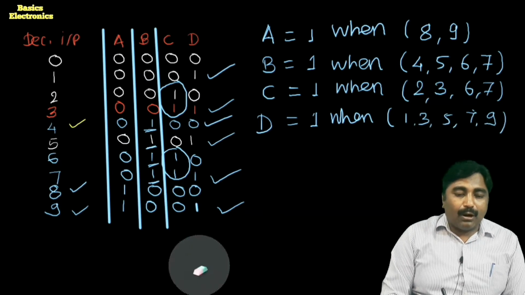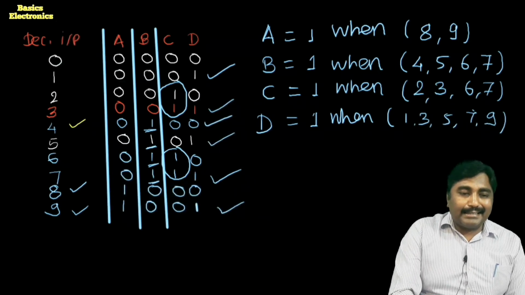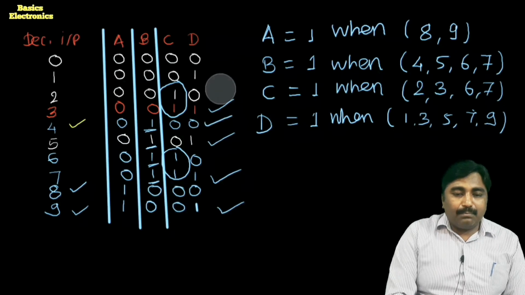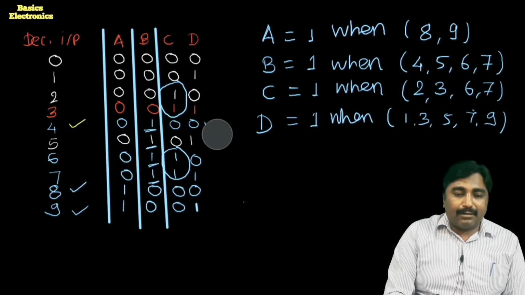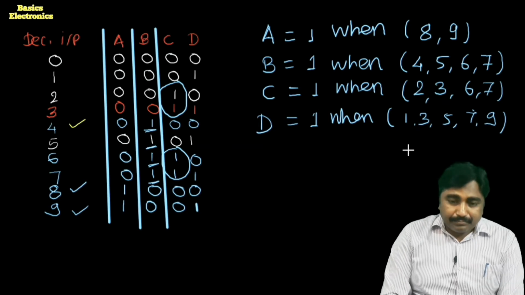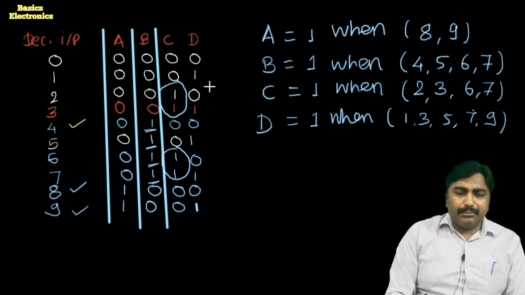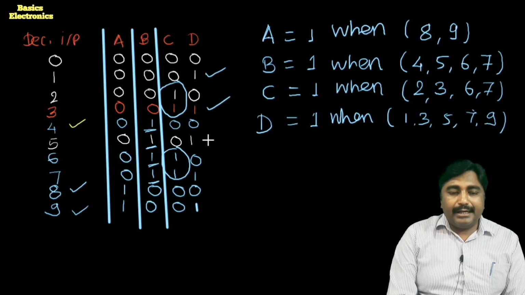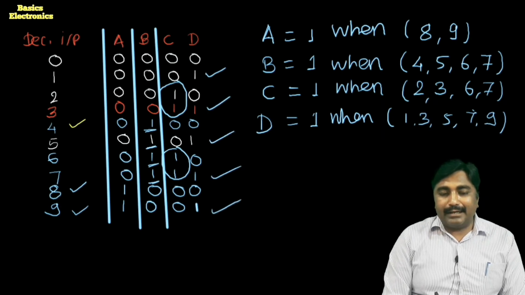So the output of that gate, the D gate, is equal to 1 only when the switch 1 number, 3 number, 5th number, 7 number and 9 number is pressed.